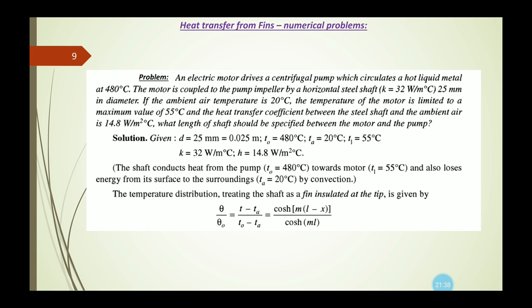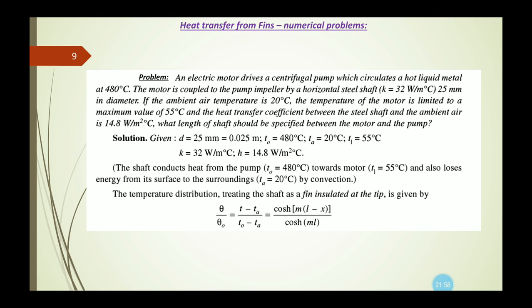From this numerical we can say that the shaft conducts heat from the pump, at T0, towards the motor, at TL, and it also loses energy from its surface to the surroundings by convection. This is from the general concept.